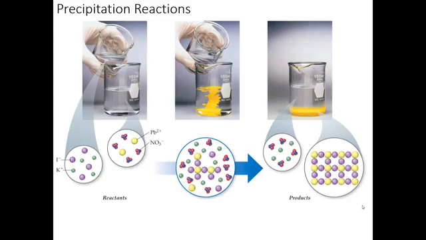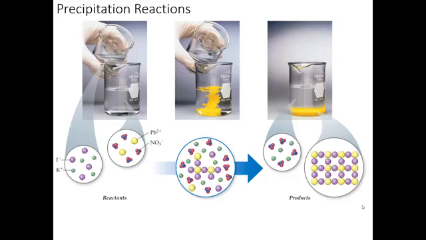A precipitation reaction is a reaction between two aqueous solutions that results in the formation of a solid and a new aqueous solution. In the example on your screen, we are reacting aqueous potassium iodide with aqueous lead 2 nitrate.